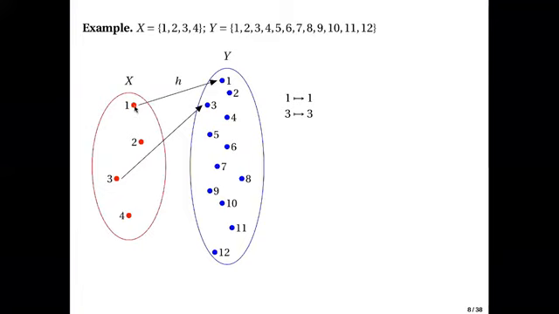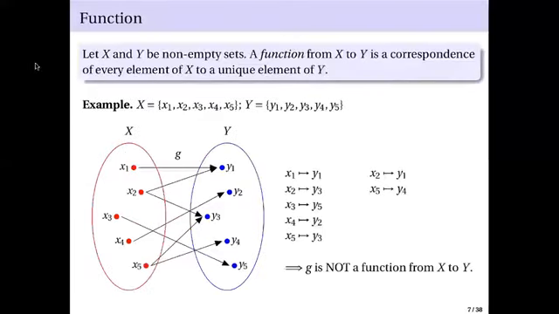Now, notice 1 has a partner, 3 has a partner, but 2 and 4, they are both elements of X also, but they don't have corresponding partners. So it violates this part here.